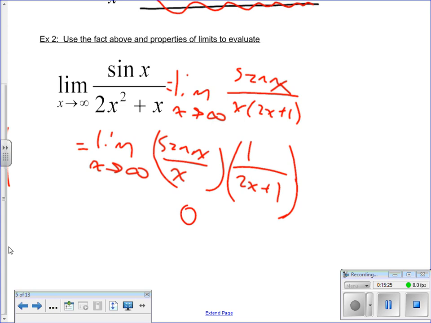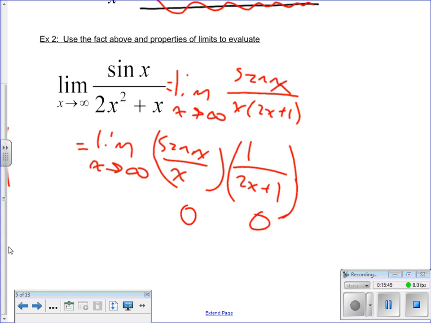What is this one going towards? As my denominator, if I put in larger values of x, what does that head towards? 0. It also approaches 0. As my denominator becomes very, very large, 1 over a very large number essentially becomes, is it actually 0? No, but it approaches 0.